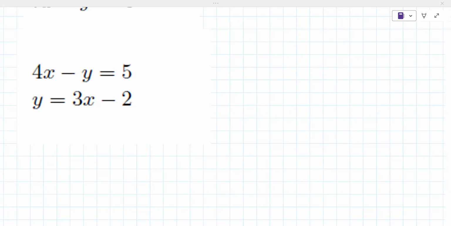How are you doing on this one? Does y equal 19?